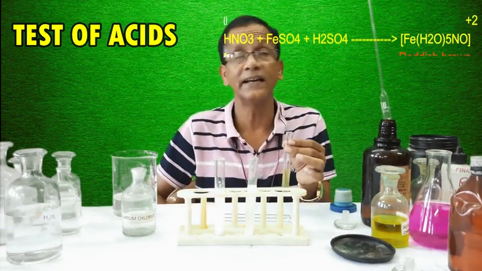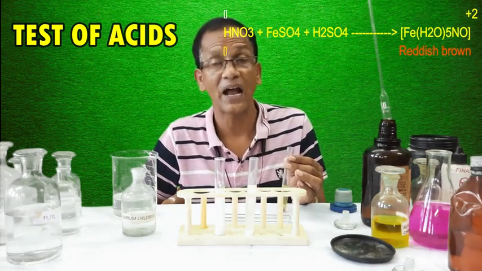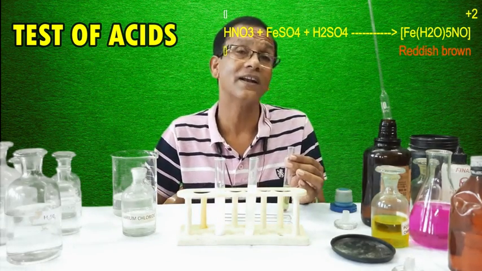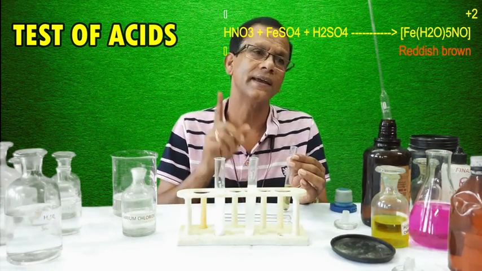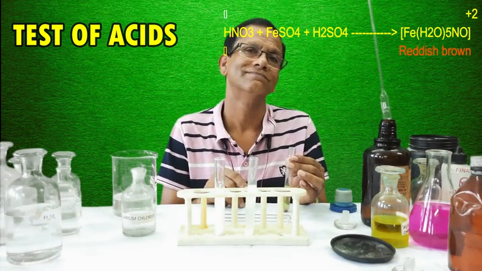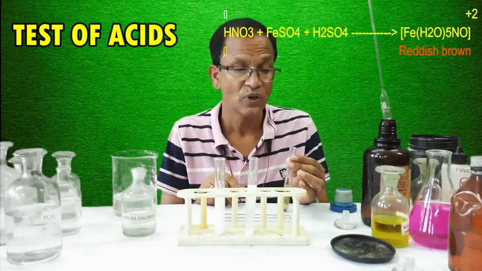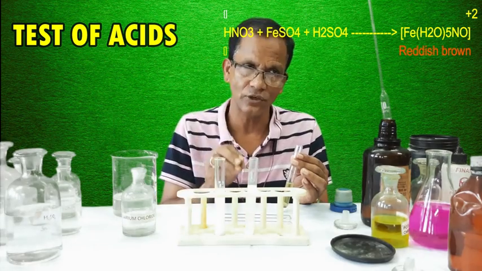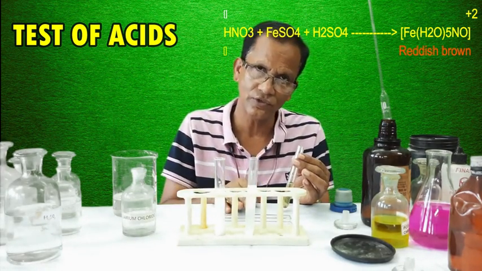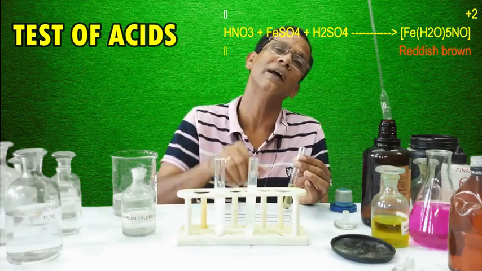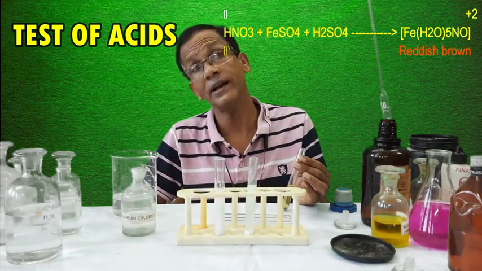That indicates the solution contains nitrate ion. As nitric acid contains nitrate ion NO3 minus, it can be chemically tested by the brown ring test. When you take nitric acid, followed by ferrous sulfate solution, then sulfuric acid, it gives a reddish brown color.